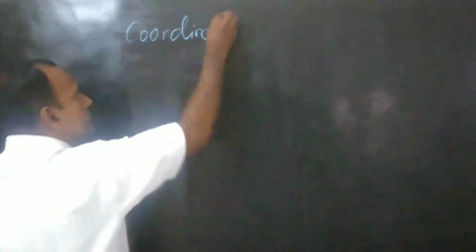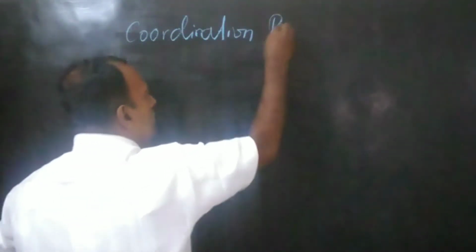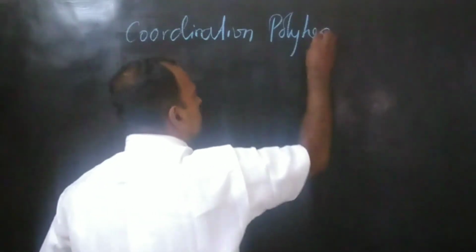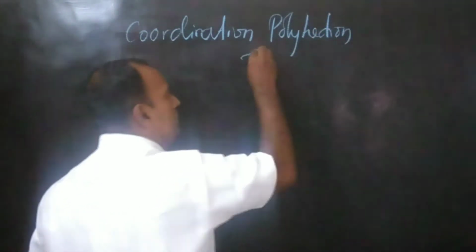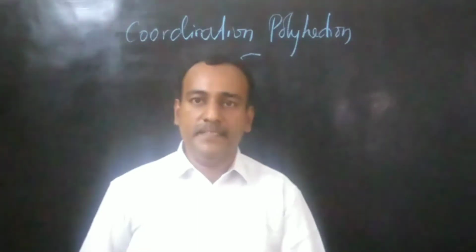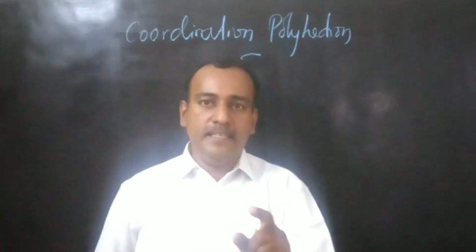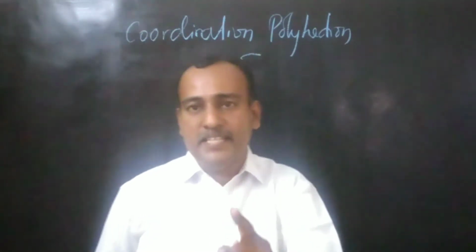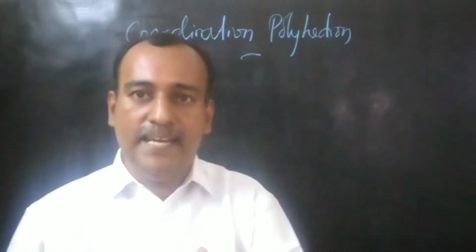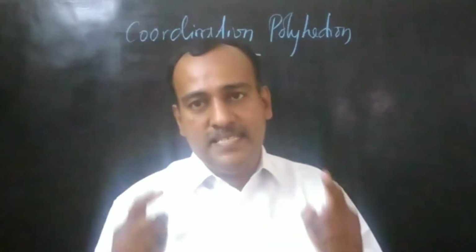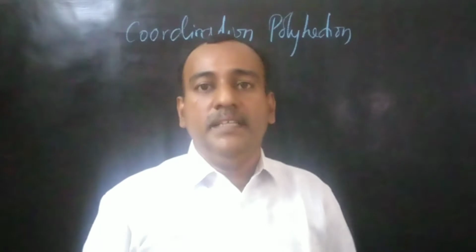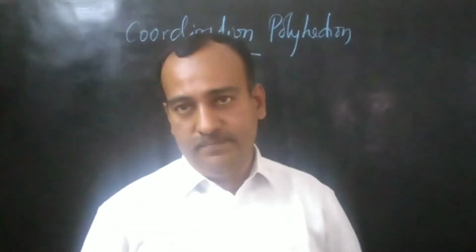Coordination polyhedron. It is the spatial arrangement of ligands around the central metal atom in a coordination entity.